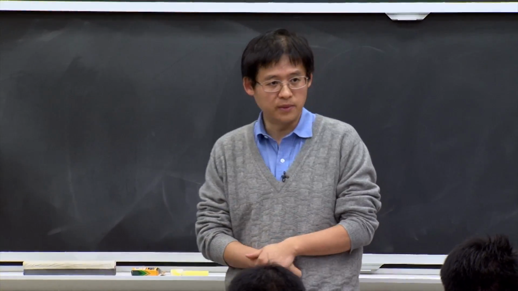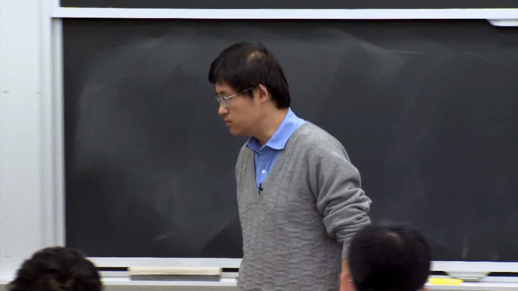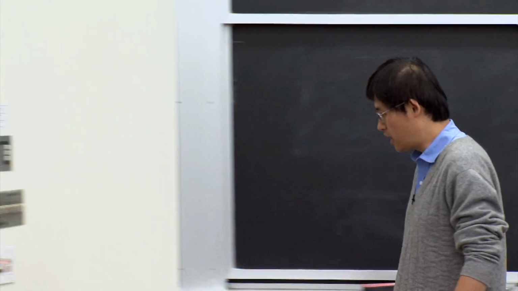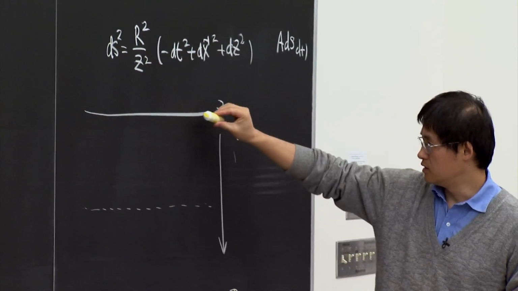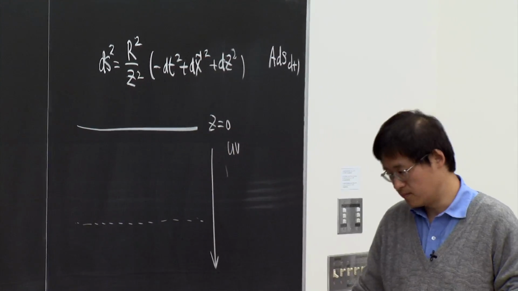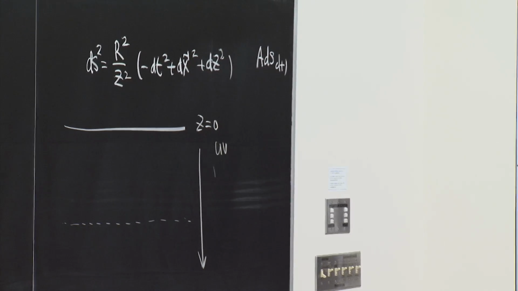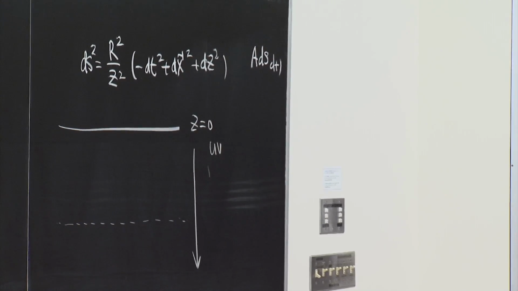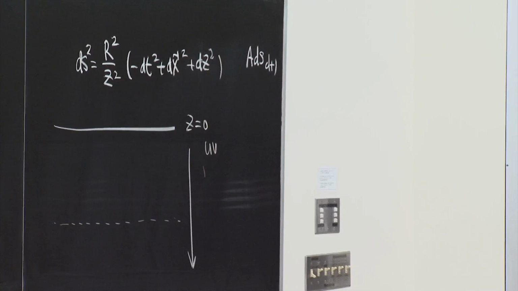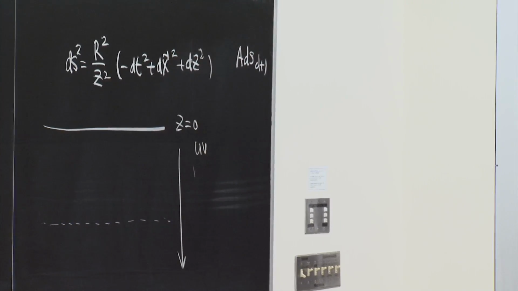So you can also view the evolution on the gravity side, from the boundary to the interior, as this flow in the z direction, which geometrizes the renormalization group flow of the field theory. Okay. Any questions regarding this?